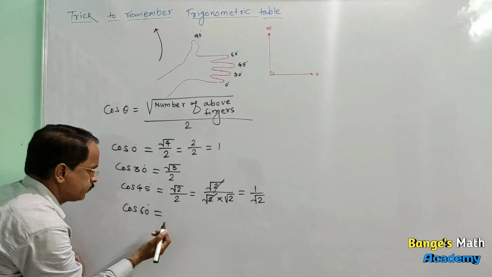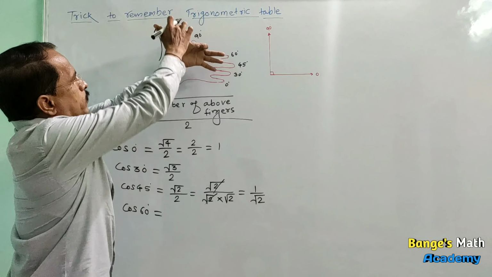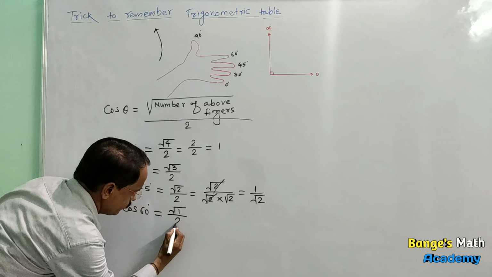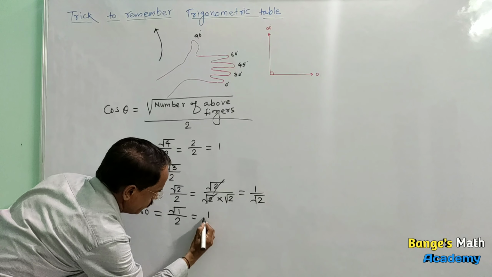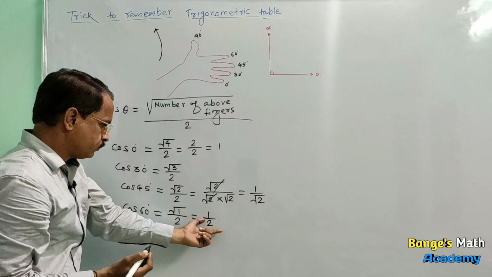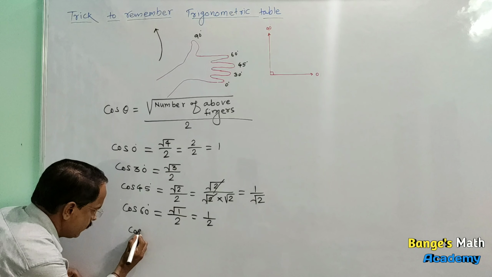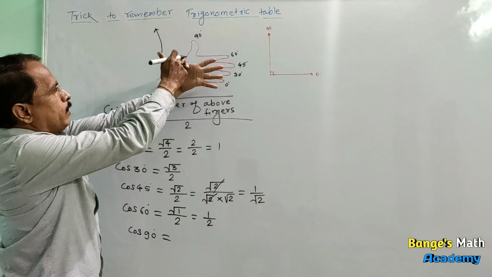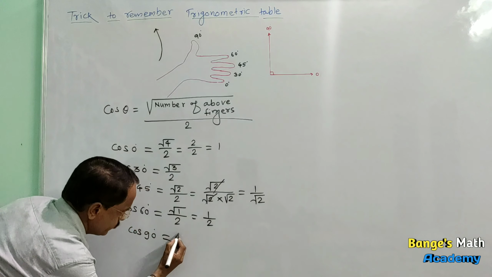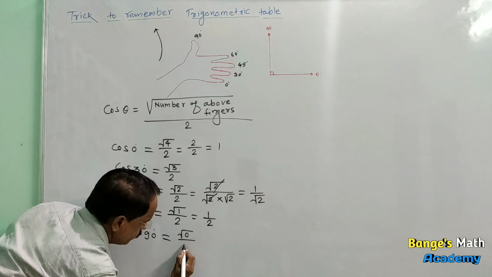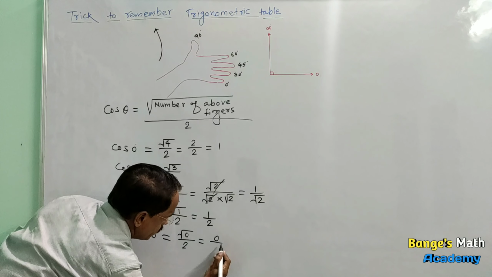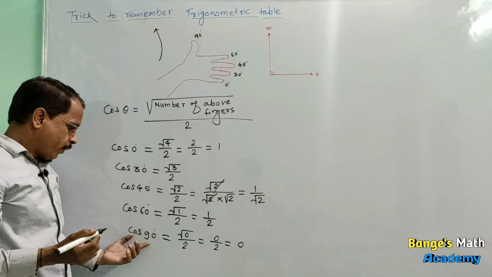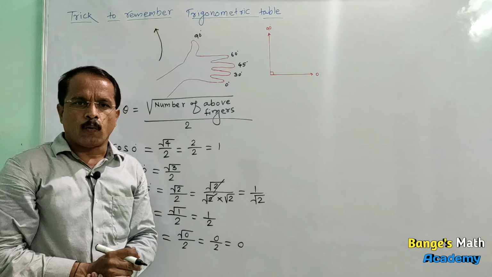Then cos 60, number of above finger is 1, square root of 1 upon 2 is equal to 1 upon 2. Then cos 90, number of above finger is 0, square root of 0 upon 2 is equal to 0. We find value of cos 90 is equal to 0.